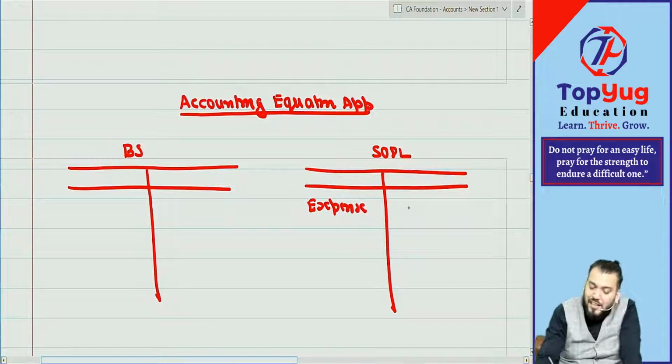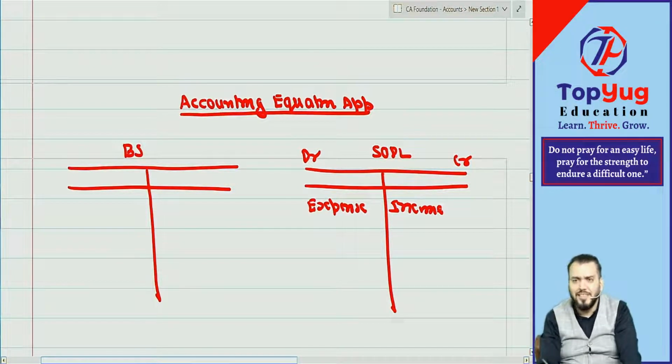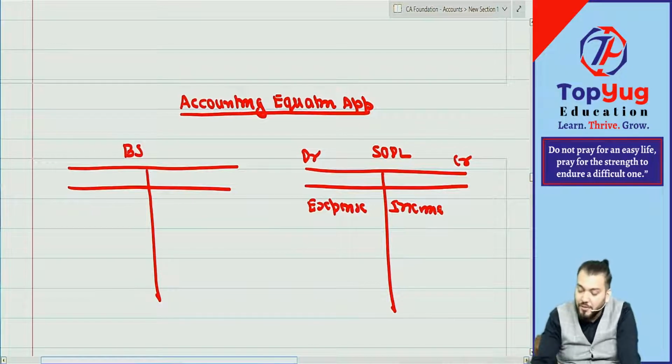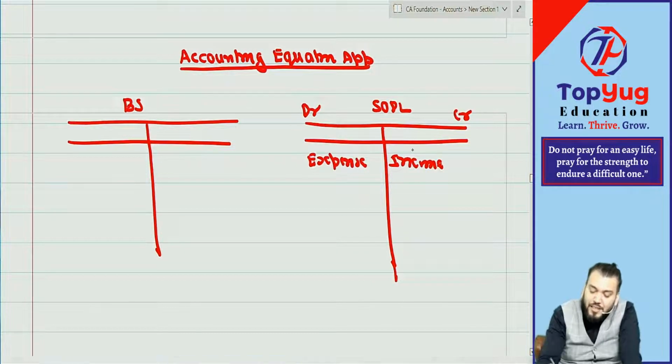What we write down in the right hand side of SOPL? Income. So all income will be credited, all expense will be debited. Understood? Correct? I think you have understood this point. Now, income minus expense is what? If income is more than expense, we call it profit. Correct?